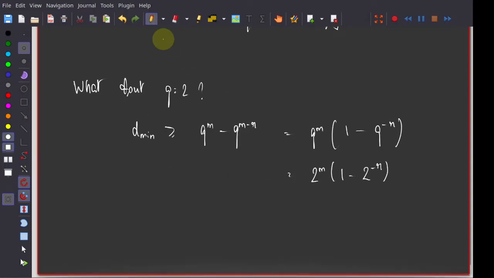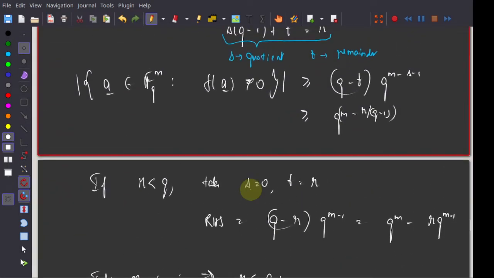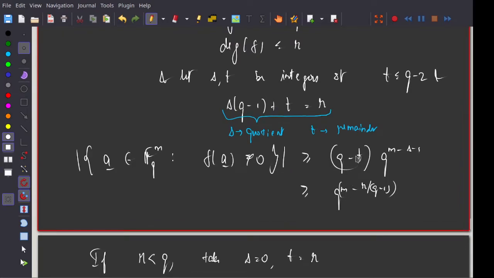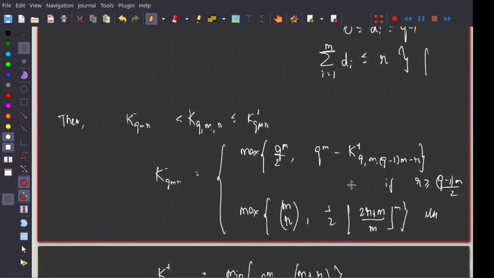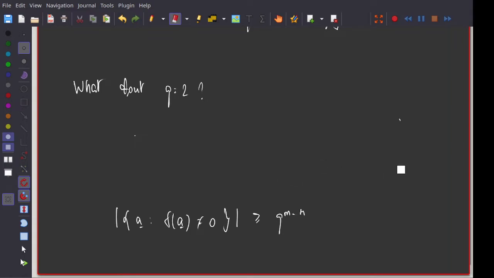So the number of a such that f of a is not equal to 0 is greater than or equal to q to the m minus r.